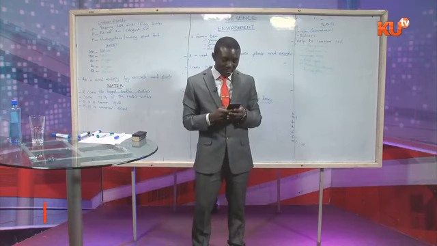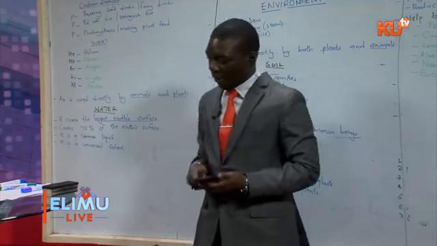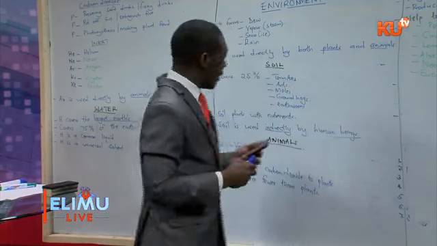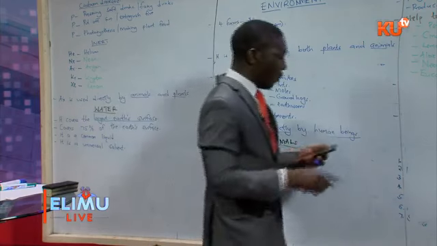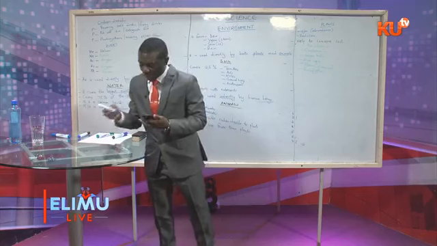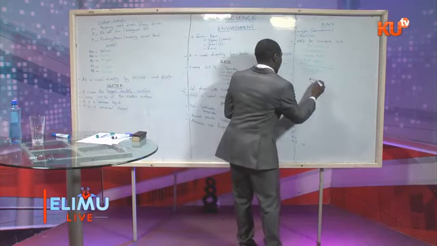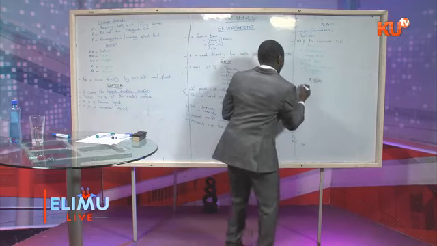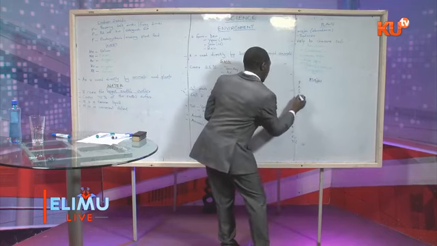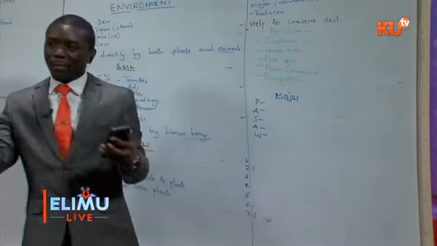The second question, from Michael: is light a major component or a minor component? Michael, I believe you tuned in a little bit late. The major components of environment are just five. You just write PASO. These are the main five. If you just know these ones, the rest are minor.